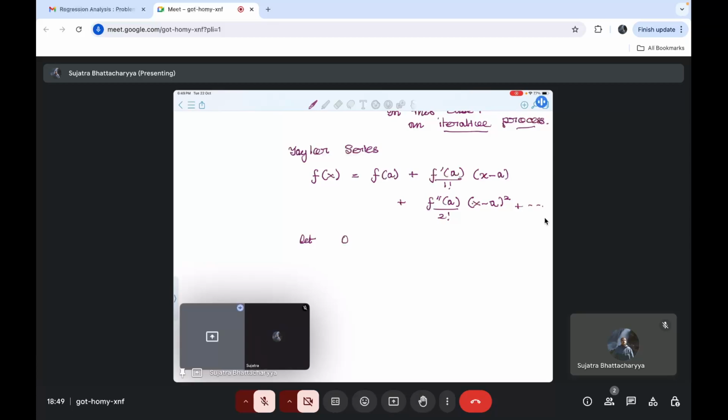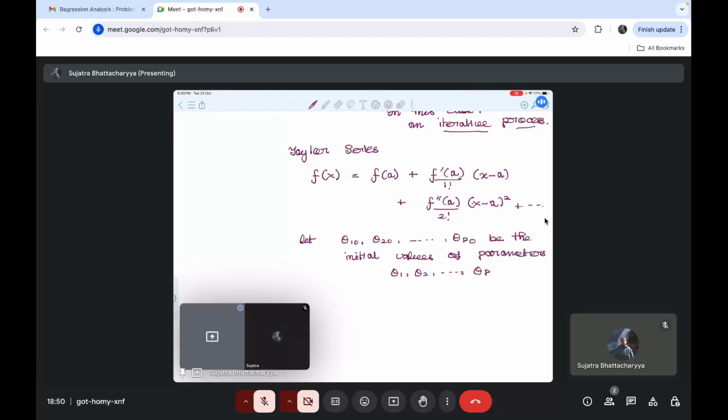The starting point is θ_1^0, θ_2^0, and so on up to θ_p^0, the initial values of the parameters, for the actual parameters θ_1, θ_2, up to θ_p.